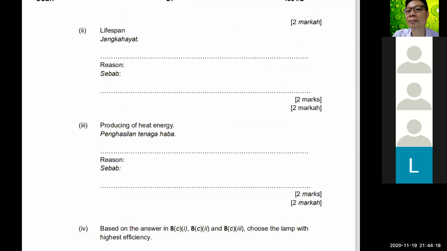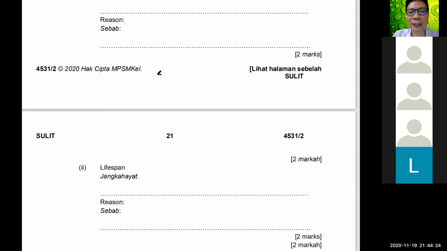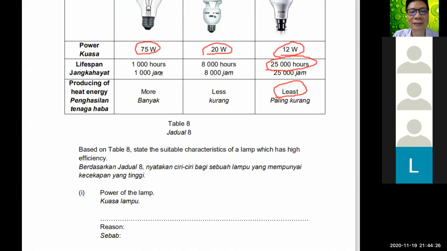Low, yes. You see carefully, the table has low or not? Wen Kang, producing heat energy, do you choose low or least?